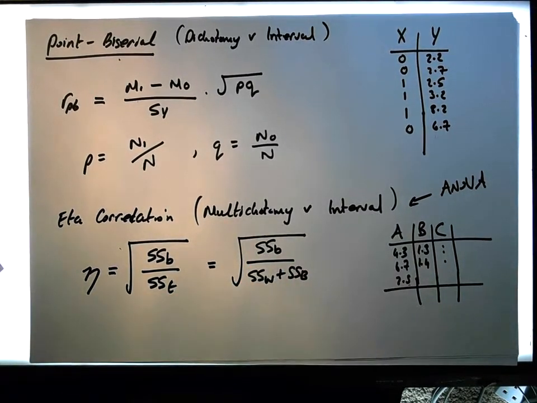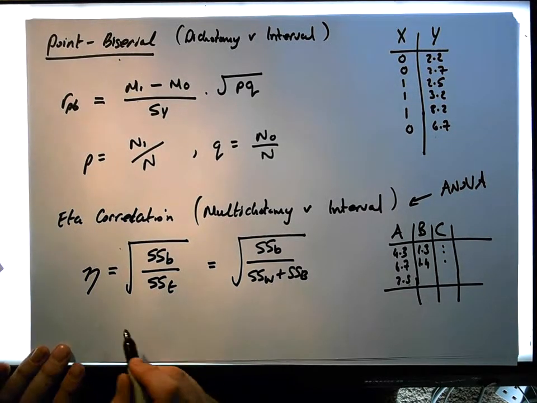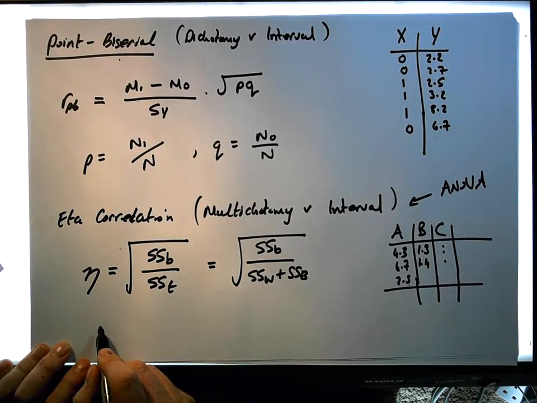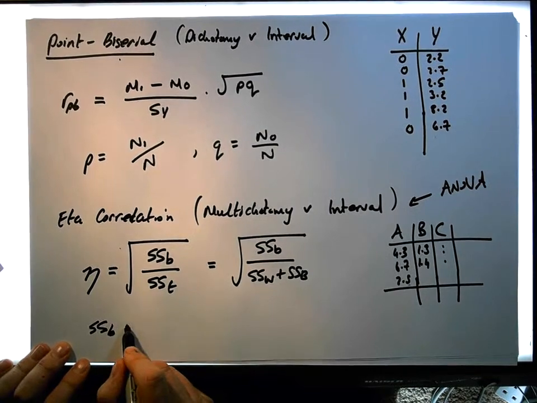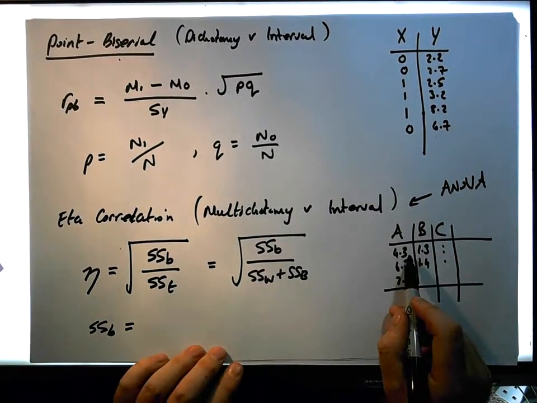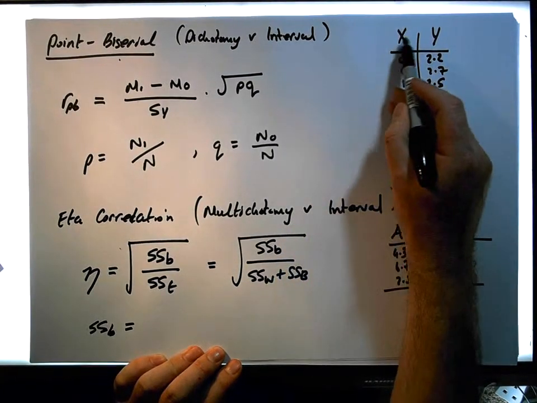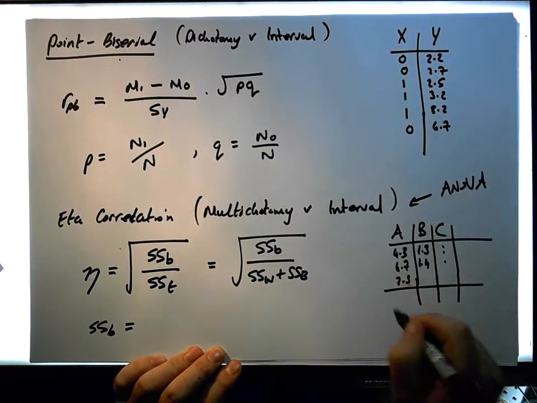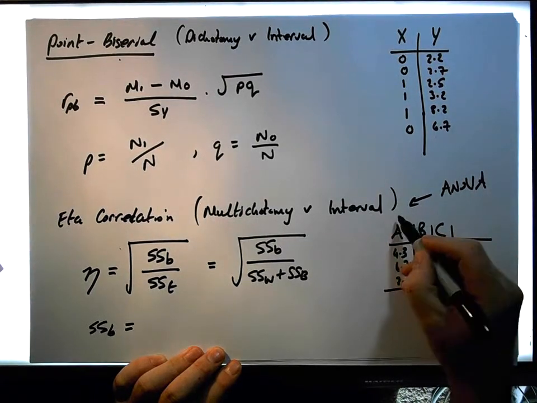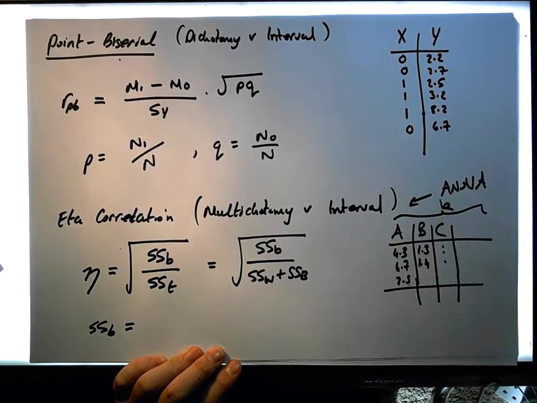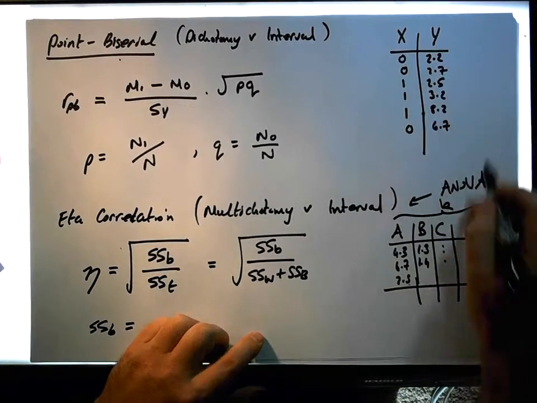From an ANOVA perspective, let's say x, once again, is our multichotomy, and there's a number of levels on it. Let's say there's k levels; in this case, 3 groups, but maybe we have k groups. And y is going to be the dependent variable.